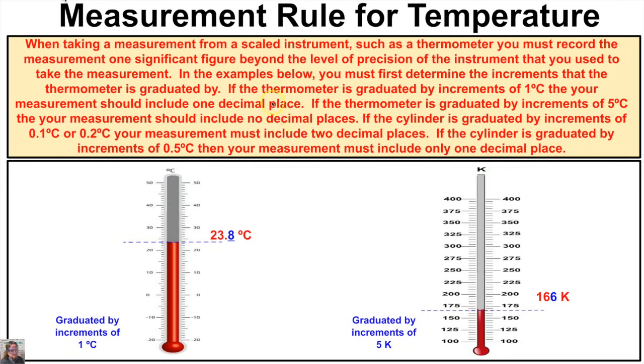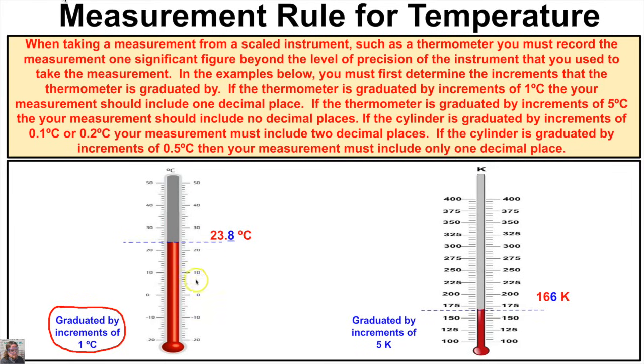Let's go ahead and apply these to a couple different images of a thermometer. We have a thermometer here and we're asked to determine the temperature of this object that is represented by this thermometer here. The very first thing we're going to have to do is figure out how the thermometer is graduated by. And so if we take a look here, we can see that this is 0 and this is 10 up here. So each one of these little lines here represents 1 degree Celsius, right?